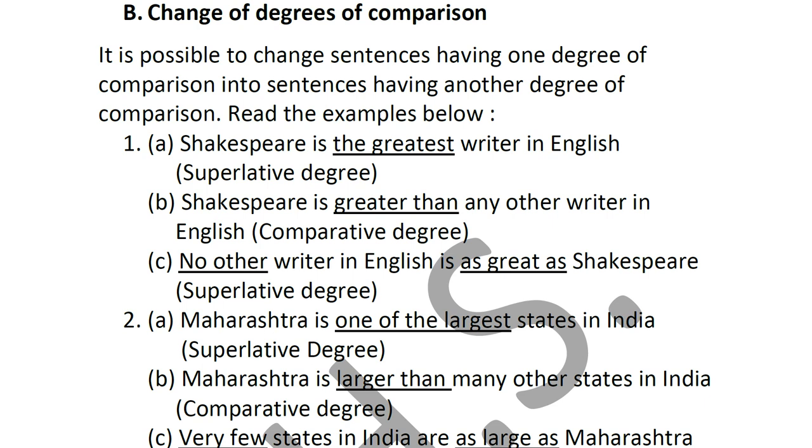Clear? And when you have superlative degree, you will always have the before the superlative degree. So you will have the biggest, the greatest, the smartest, the most beautiful. Clear?